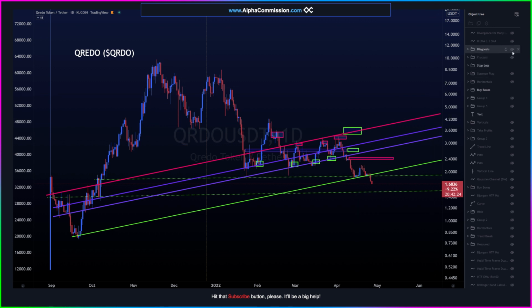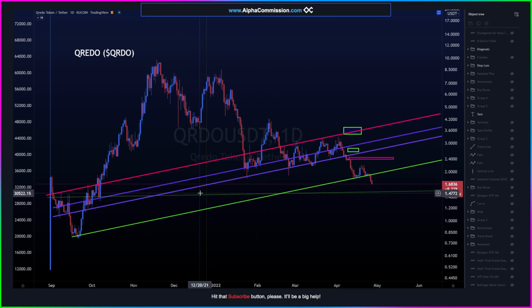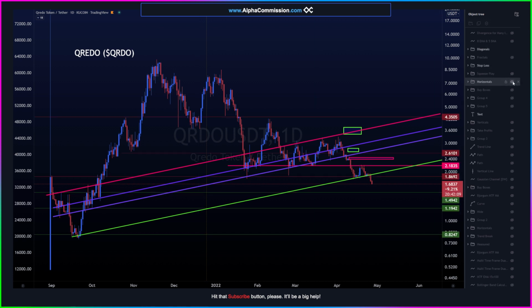So we can go ahead and take off those buy boxes. Just kind of look at this. I don't think I need this horizontal really. I think I can go ahead and put these ones on. So these are our horizontals here.